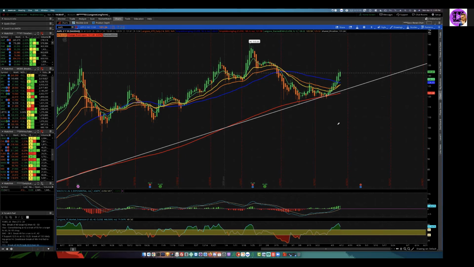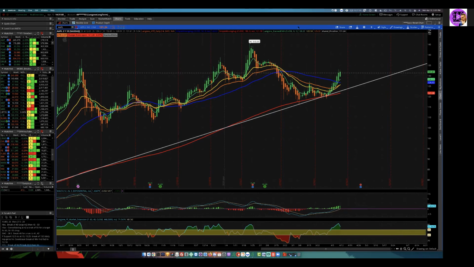We kind of got this shape here. We could consider this the potential of a cup and handle. Very likely. All right.